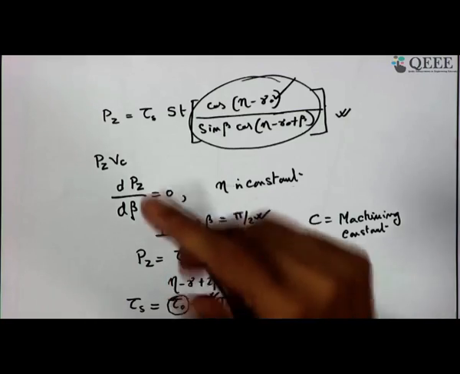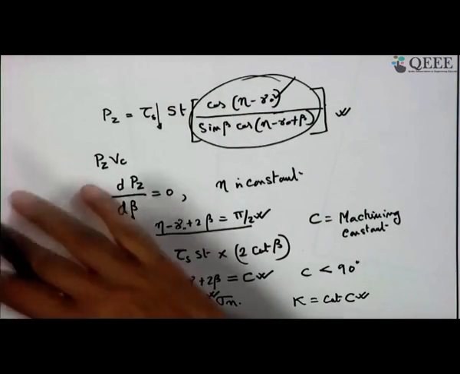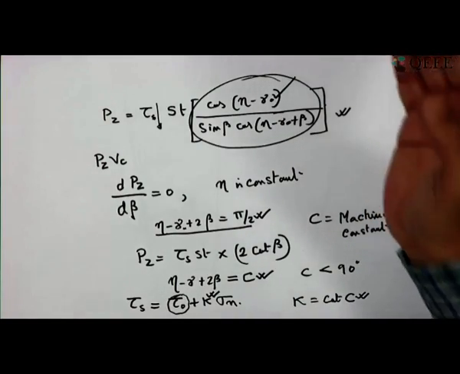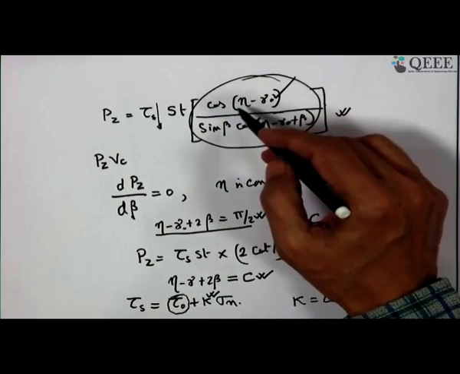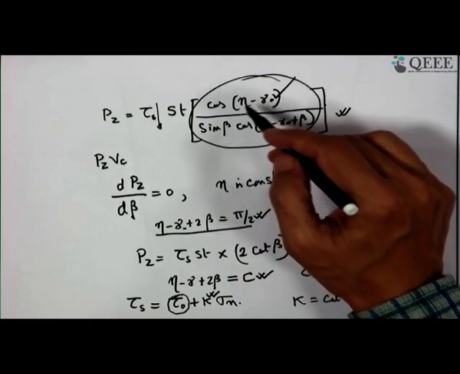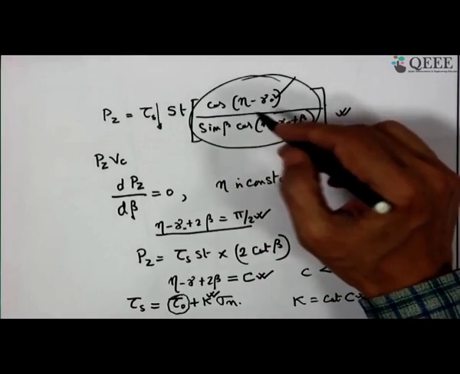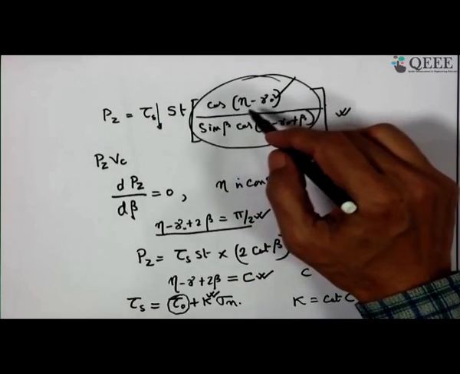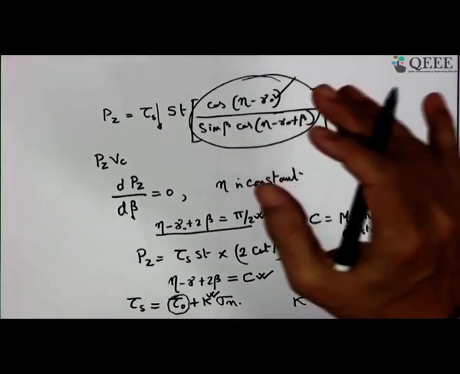Rise of temperature means fall of the strength. So the strength will fall, that is velocity working in a positive way. And another thing, with increase of velocity, this friction angle also comes down. Coefficient of friction also falls, and that is why this form factor also favorably decreases.